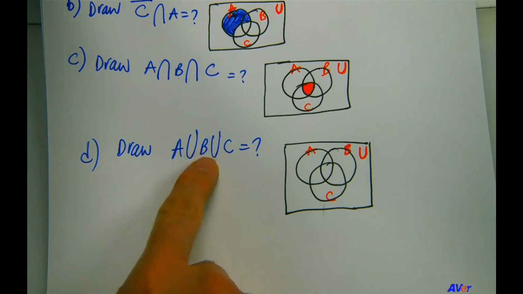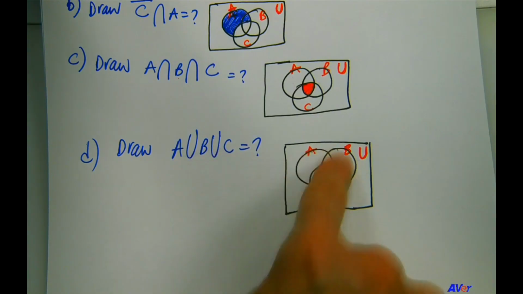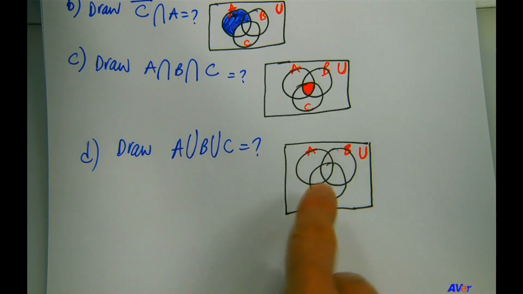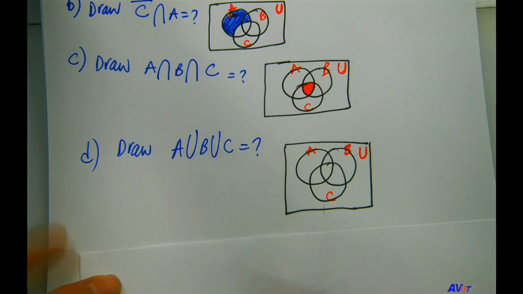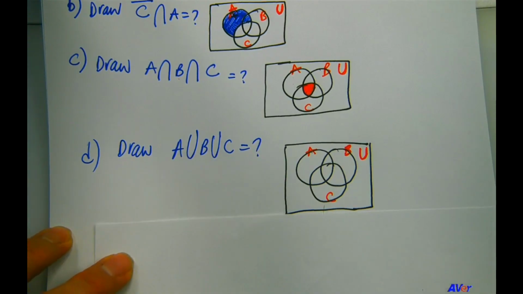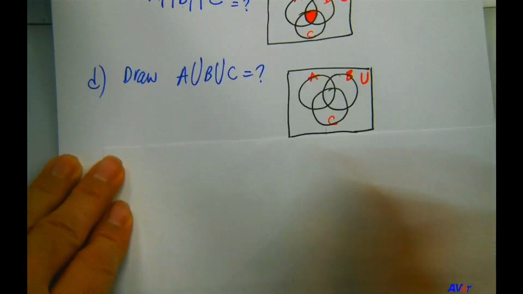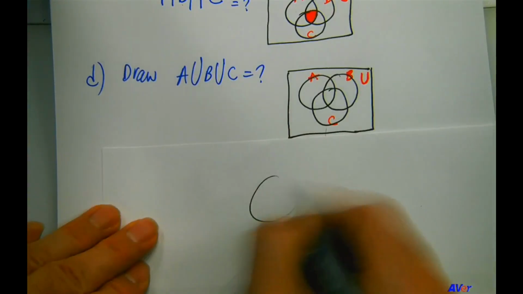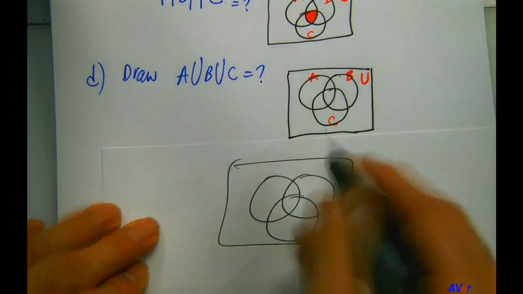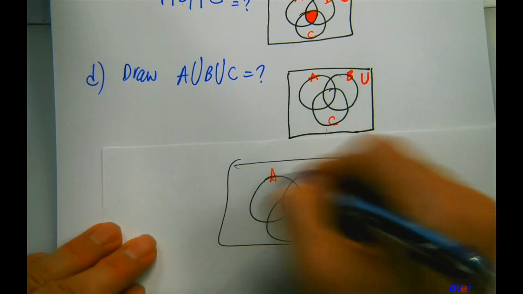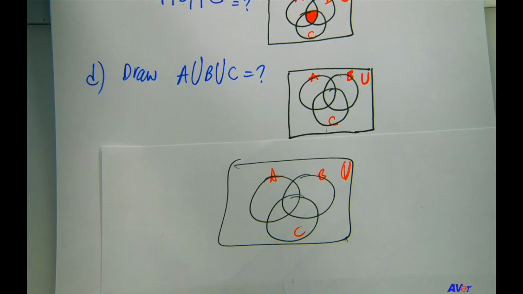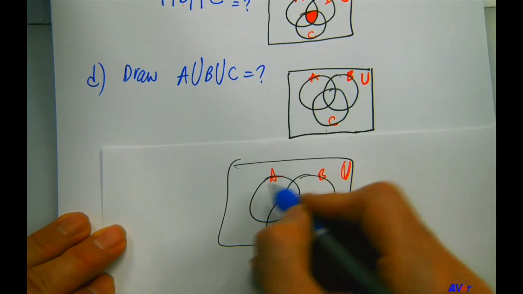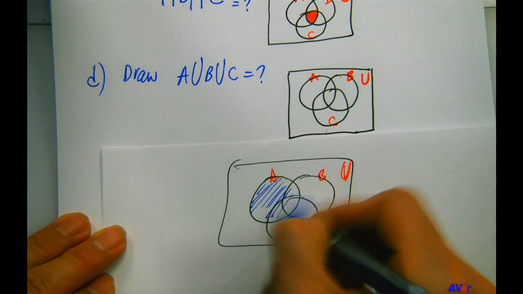So I could just go ahead and grab a piece of scratch paper. If we wanted to just draw that, A union B union C would be everything in all three circles.